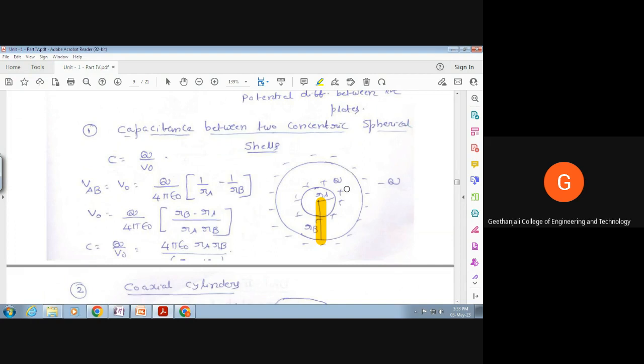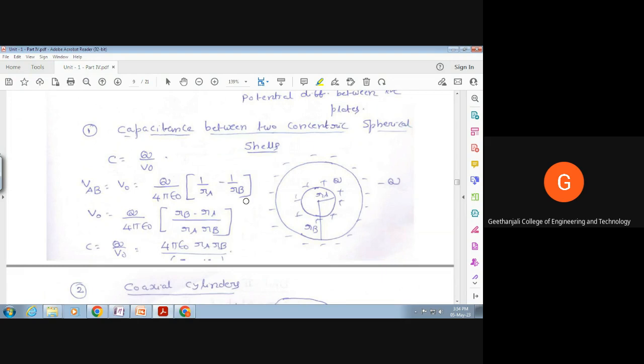Now what is the capacitance of the system? As per the definition, C is equal to Q by V0, where Q is the magnitude of the charge on each conductor and V0 is the potential difference between the two spherical conductors. We have already derived an expression for V0. V0 is equal to Q by 4 pi epsilon naught into 1 by RA minus 1 by RB.